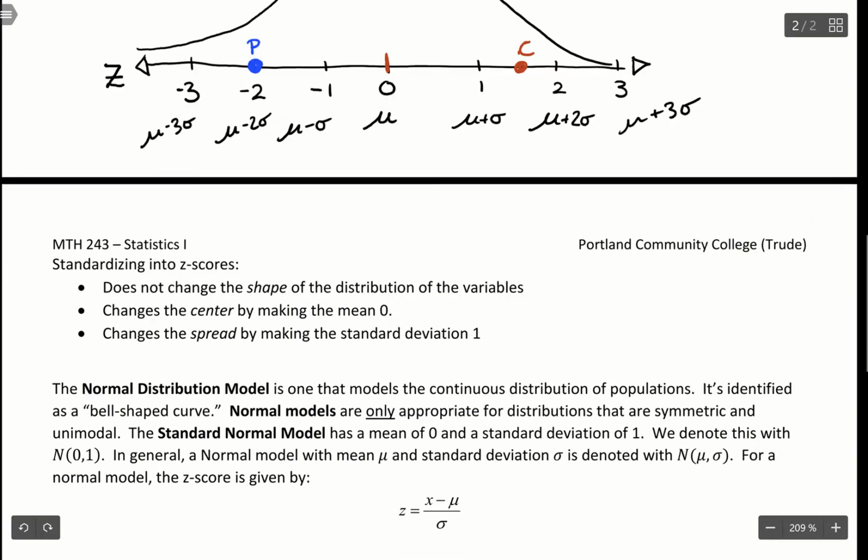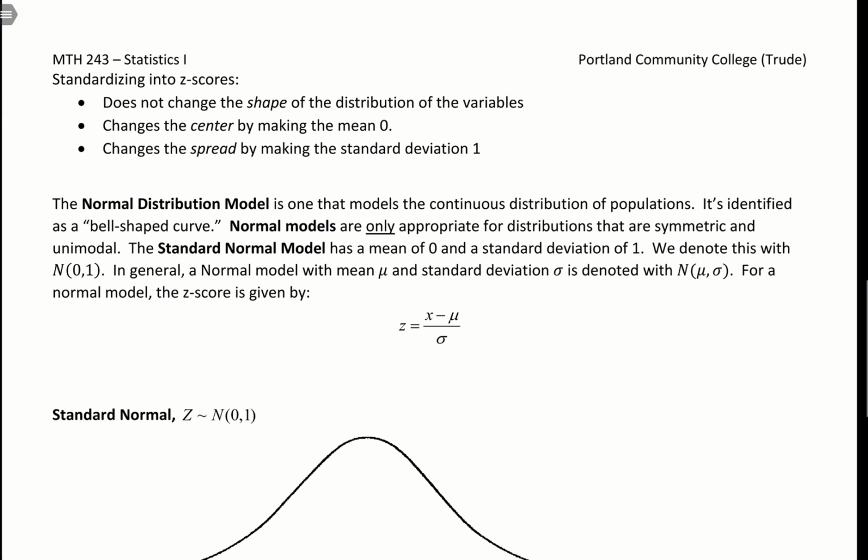So this information's gone over in this page here. Standardizing into z-scores doesn't change the shape. We're still bell-shaped, so we still have a bell-shaped curve. The center becomes 0, so that's our mean. And the spread, our standard deviation, is 1. So just be careful of wording here.